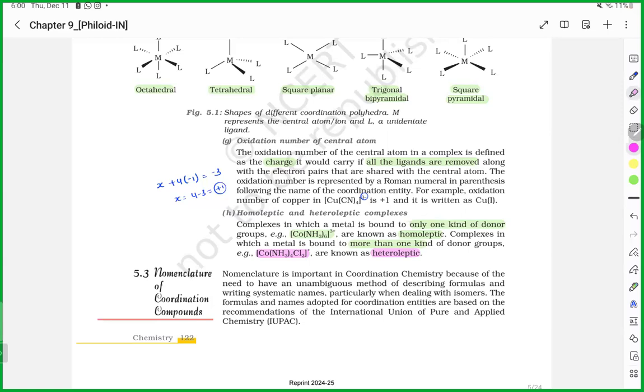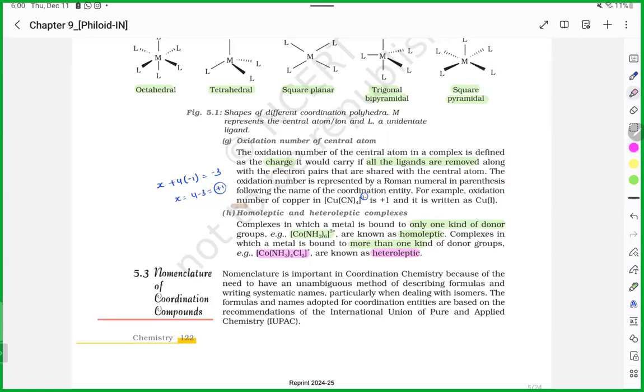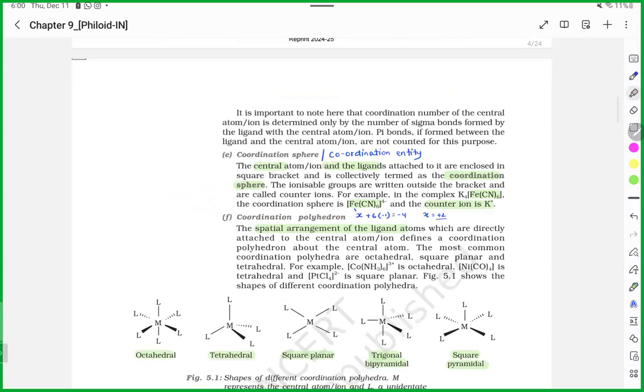You are not supposed to read each and every word. You need to focus on the keywords. For example, here, if I mark with a different color, what is the important thing? Homoleptic and heteroleptic are important. Oxidation number is not important. Polyhedron is not so popular.